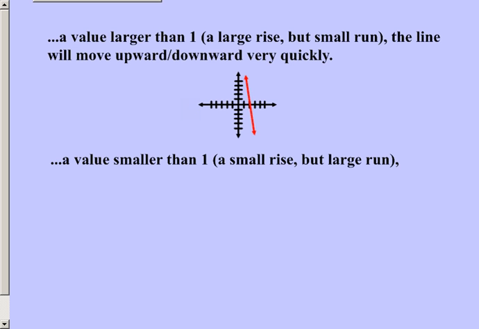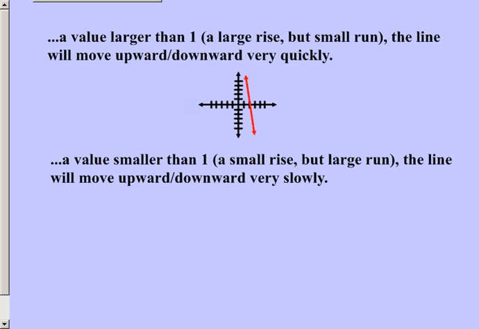That means that the run, the denominator, is actually bigger than the numerator. So a smaller rise but a larger run. That means that the line is moving upward or downward more slowly. In a graph, a line that has a slope value smaller than 1 would tend to look more flat.